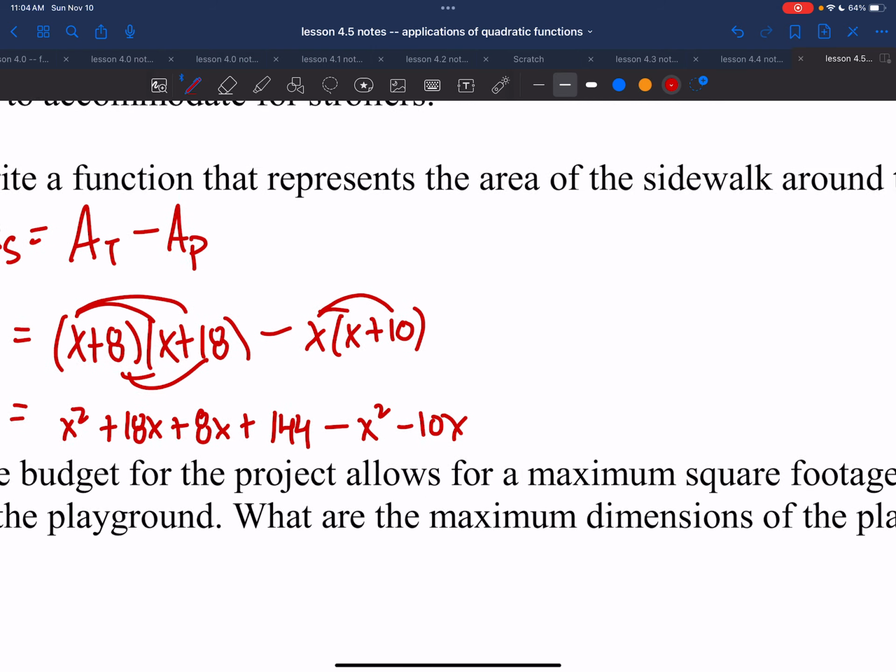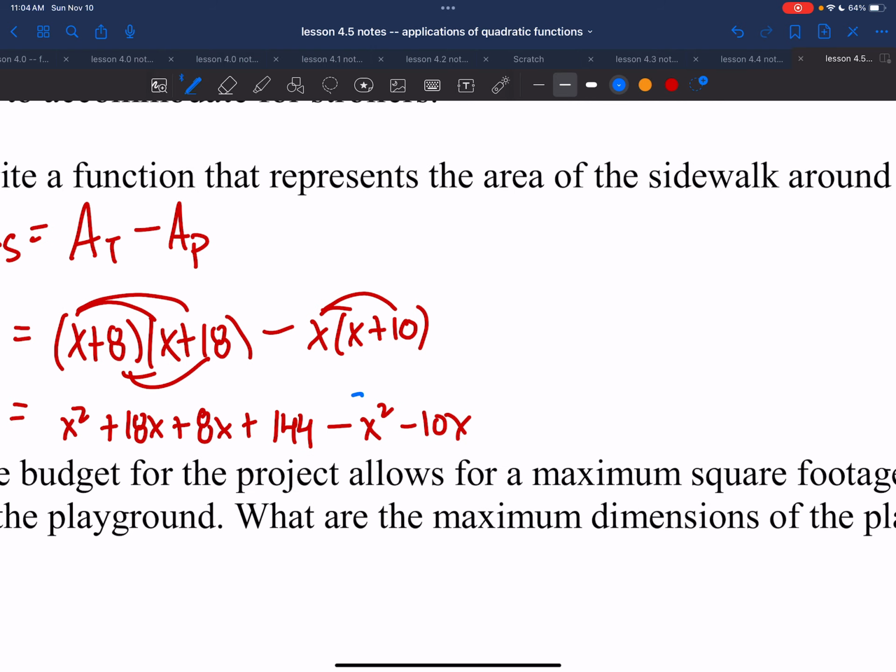Now combine all our like terms here, you're going to notice something. This negative x squared and this x squared are going to actually end up canceling. And then this negative 10x and 8x are going to kind of cancel as well. Or not cancel, but they're going to combine. Actually, we have three things: 18, 8, and 10.